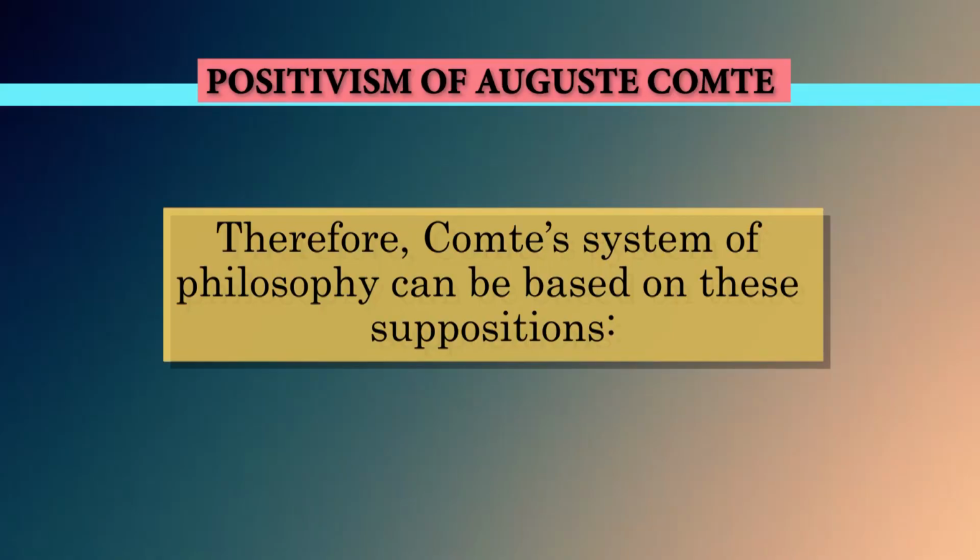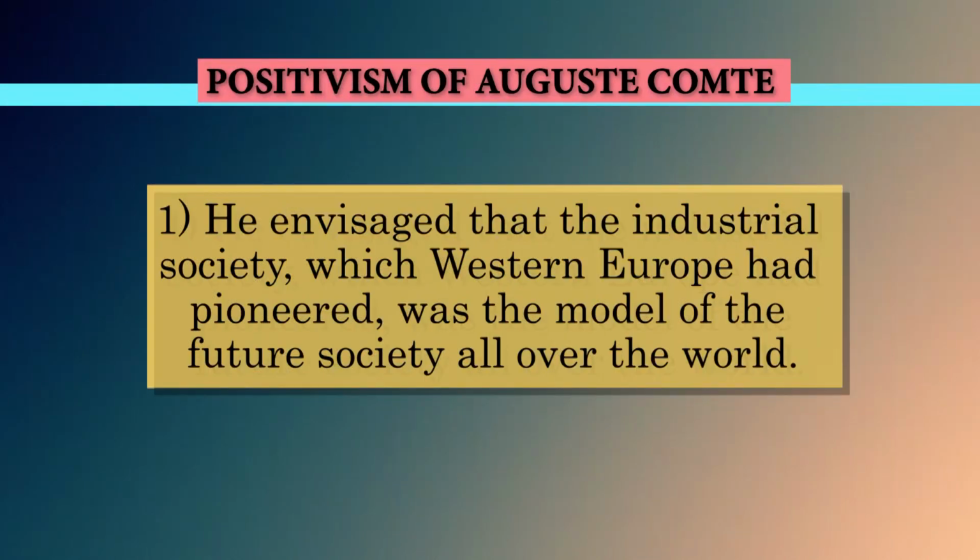Now, when we talk about Comte's system of positivist philosophy, we can frame it on the basis of some suppositions. Number one, Comte envisaged that the industrial society which Western Europe has pioneered was applicable to the future society of all the world.